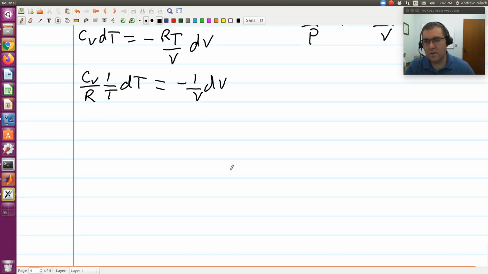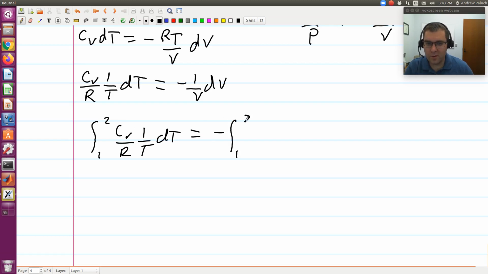This I could integrate from my initial to my final state: Cv over R times 1 over T dT is equal to a negative integral from initial to final state of 1 over V dV.